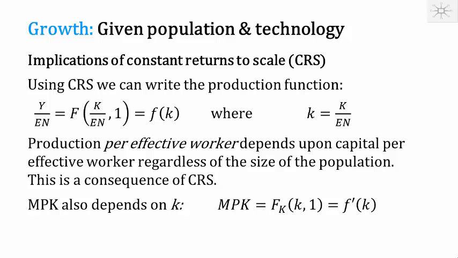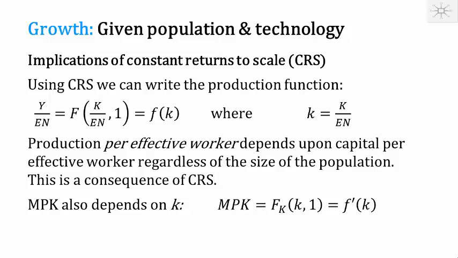Now, with constant returns to scale, we can rewrite the production function so that the production per effective worker is a function of the capital stock per effective worker. So this is a little mathematical trick that you can read about in the book. So we define little k as the capital stock per effective worker.